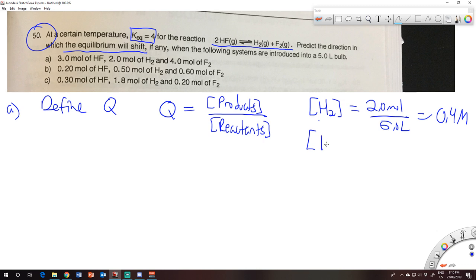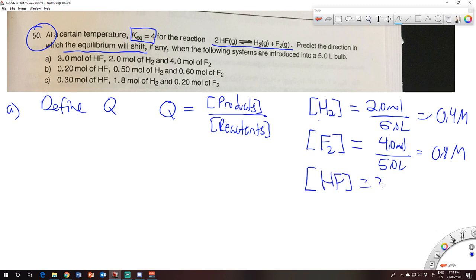Then the concentration of fluorine, which is 4 moles over the same container, 5 liters, should be 0.8 molar. And then finally the concentration of the reactants, which is HF, 3 moles over 5 liters, so this is 0.6 molar.